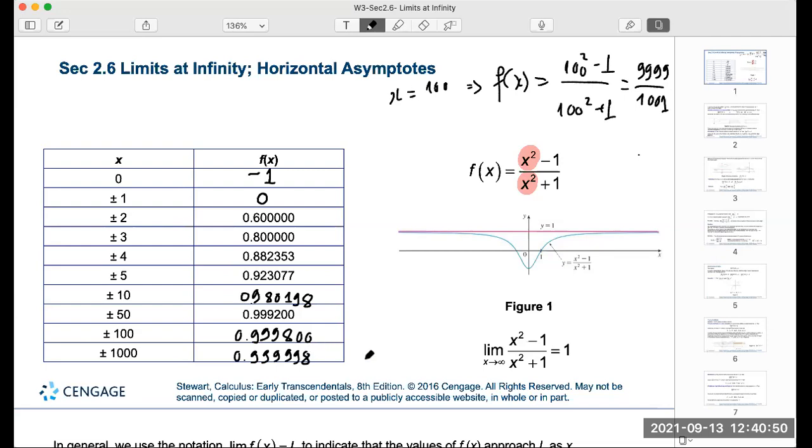Okay, I provided the result here. We see when x becomes very large, going to infinity, then it will come closer and closer to what? 1. Thank you. Very good. So we observe this, right? And here is the graph of this function.